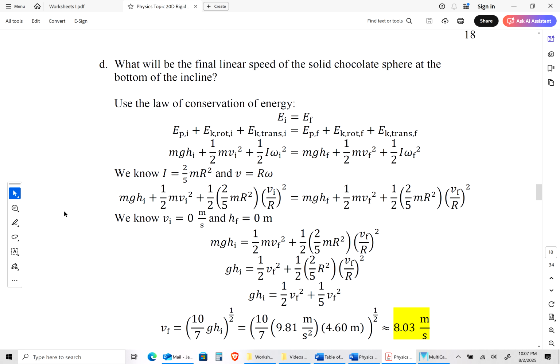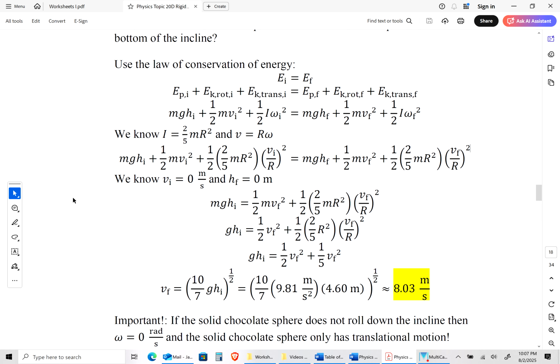Part D, what will be the final linear speed of the solid chocolate sphere at the bottom of the incline? So use the law of conservation of energy. Potential energy plus kinetic energy in the beginning equals potential energy plus kinetic energy in the end. So we have this equation here. We know I equals 2/5 mr squared and V equals R omega. So plug that in here.